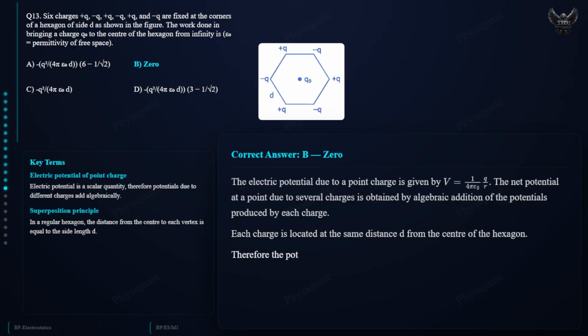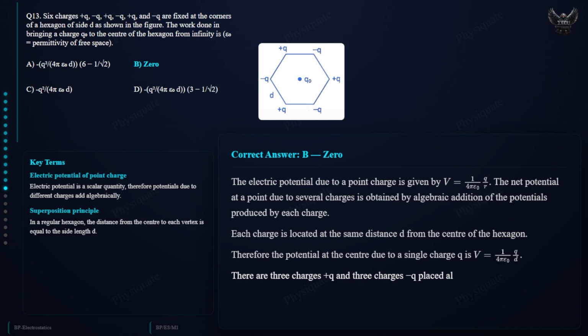Therefore the potential at the center due to a single charge Q is V equals 1 divided by 4 pi epsilon 0 Q divided by d. There are 3 charges plus Q and 3 charges minus Q placed alternately at the vertices of the hexagon.